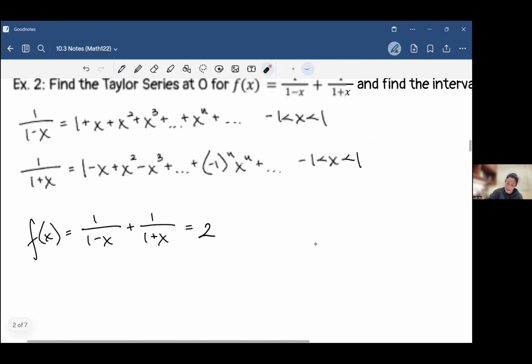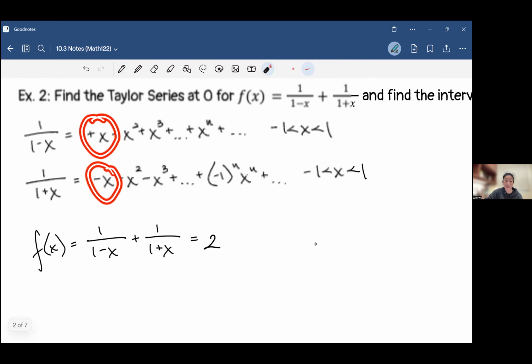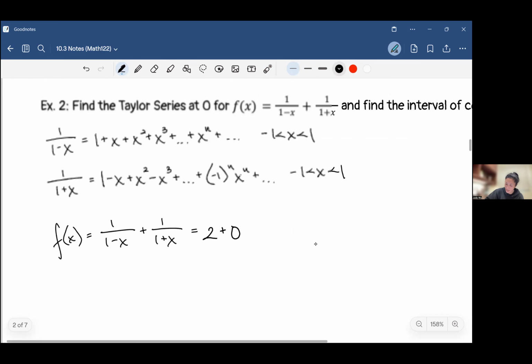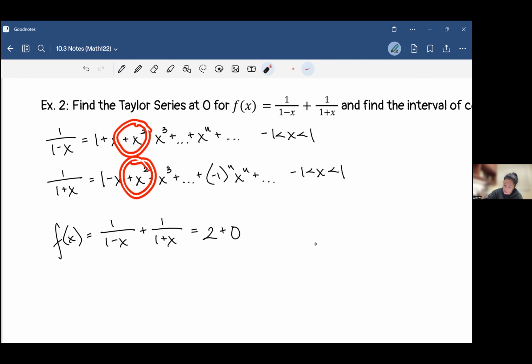And then I have positive x and then negative x. Well, that's going to give me 0. Ooh, this is looking interesting. Okay, then I have x squared plus x squared is going to give me 2x squared. Okay, and then x to the third minus x to the third gives us another 0.